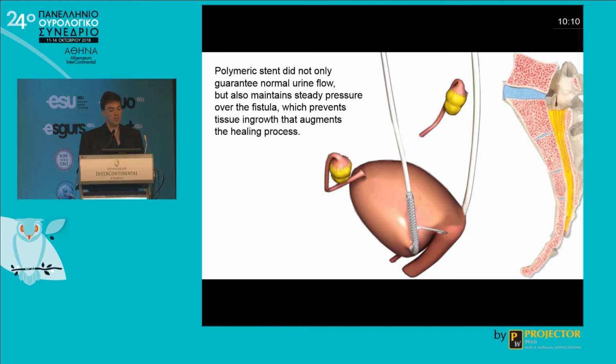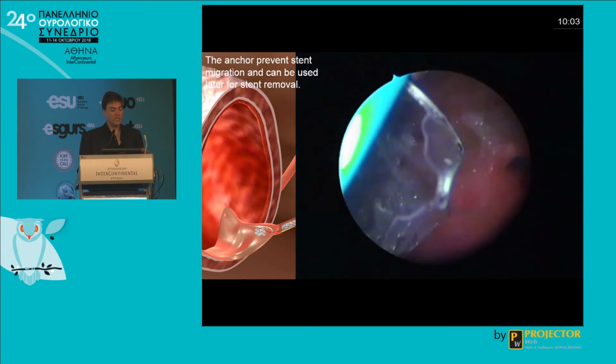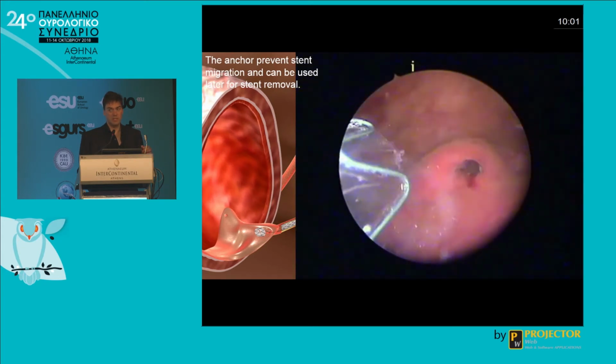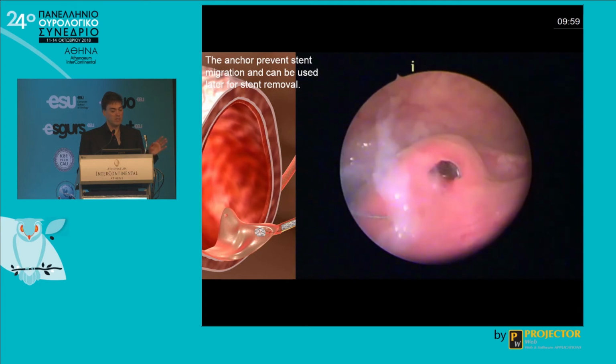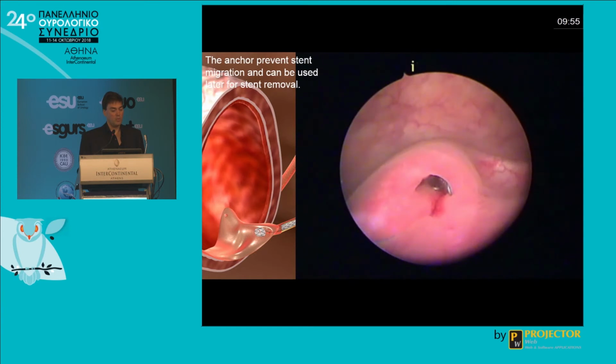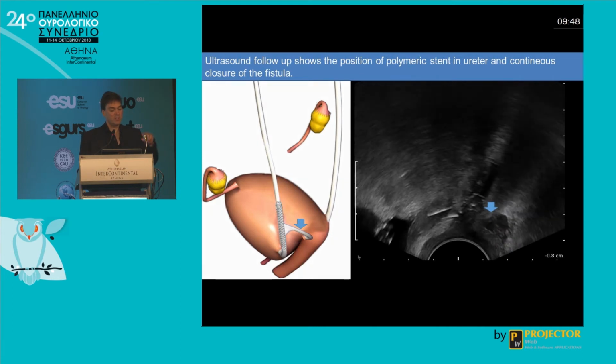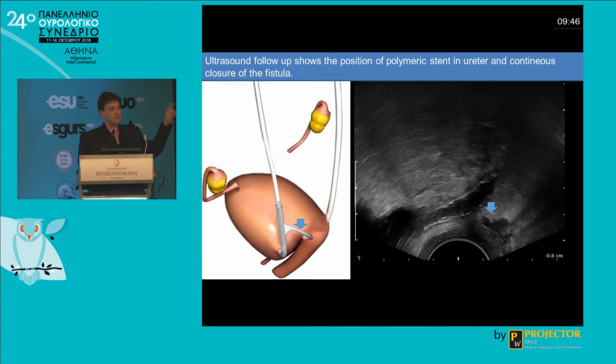Because if you do it first, in the first 4 to 6 weeks, with that stent inside, then it's no problem. Really simple. You see then here's the stent. It is looking inside of the bladder, all covered, and the fistula will be closed. This is the ultrasound view and the Kung Fu technique. You see it totally covered, and the blue sign is the fistula.